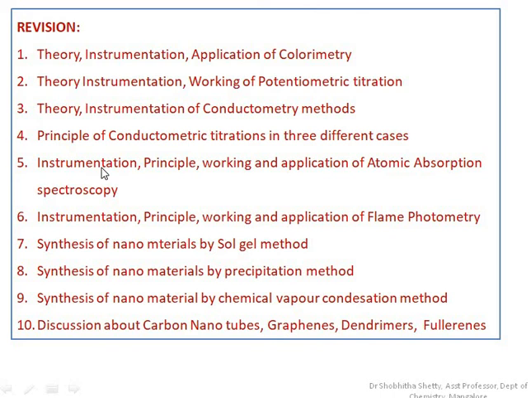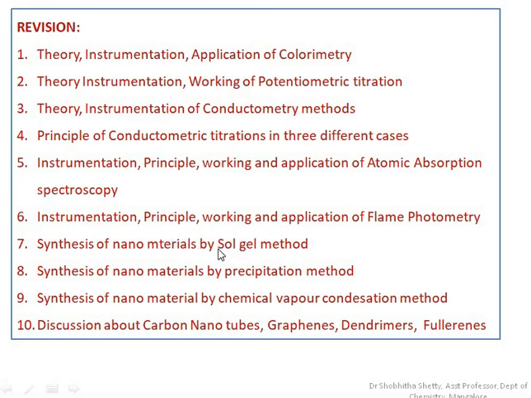Coming to nanomaterials, we discussed the importance of nanomaterials and how they have more advanced properties compared to normal bulk materials because of the surface area to volume ratio and because of the difference in the electronic energy levels.